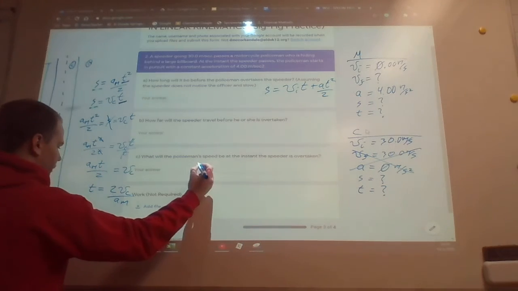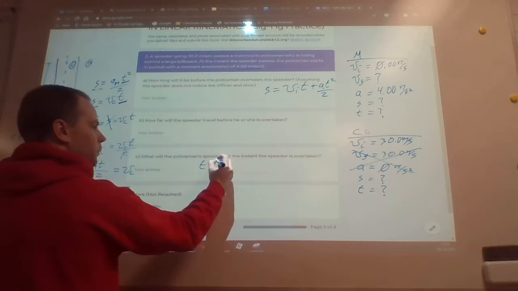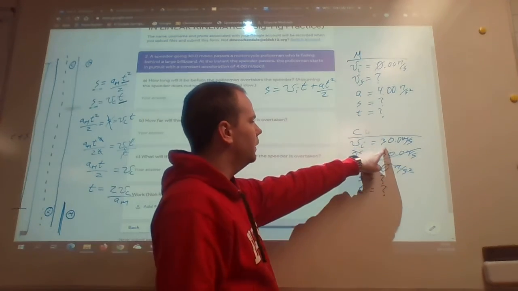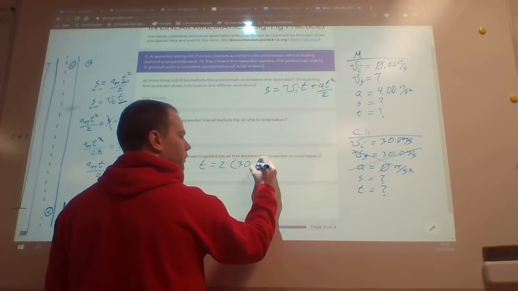So if I move over here now, t is going to be equal to 2 times the velocity of the car, which is 30 meters per second, 30.0.